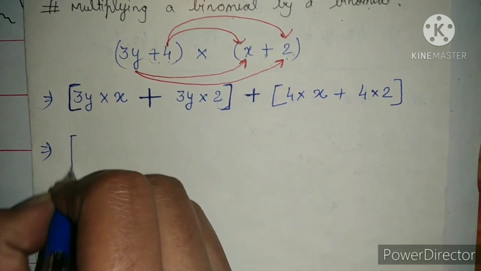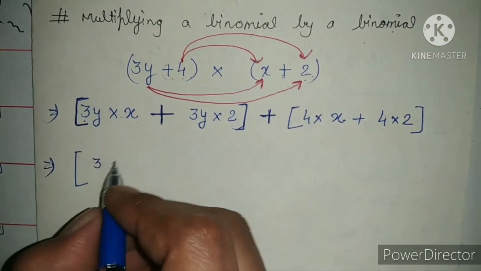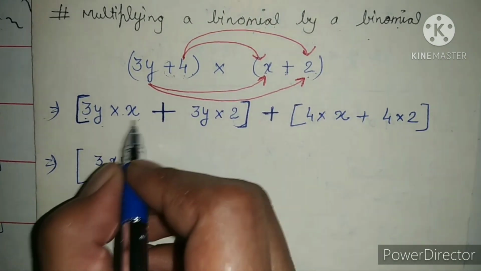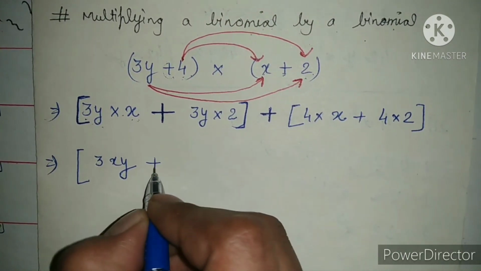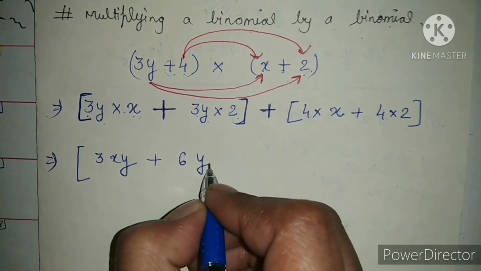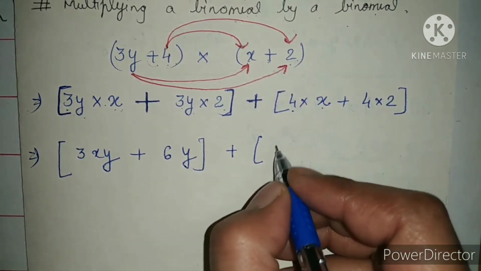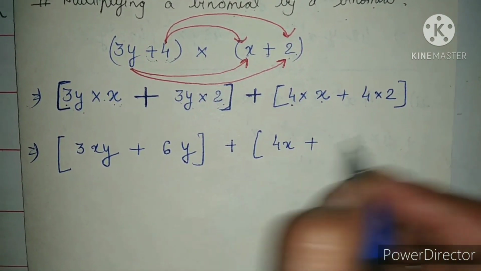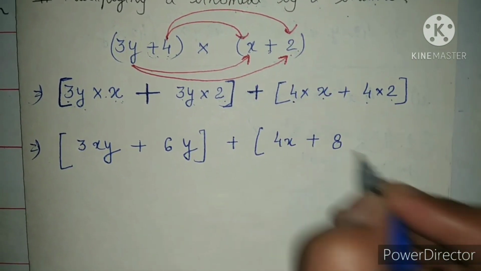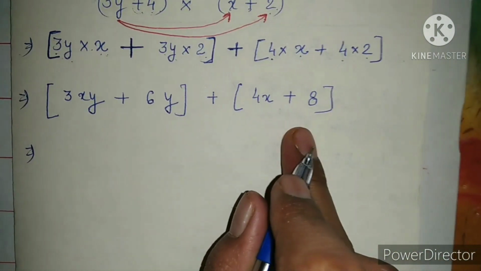Now 3 into 1 is 3, and yx as it is because they both are different to each other, plus 3 2s are 6, y as it is, plus 4 into x is 4x, plus 4 2s are 8. You can see they all are unlike to each other.